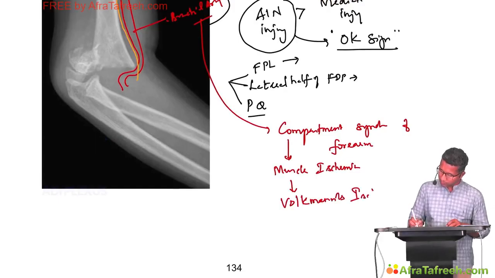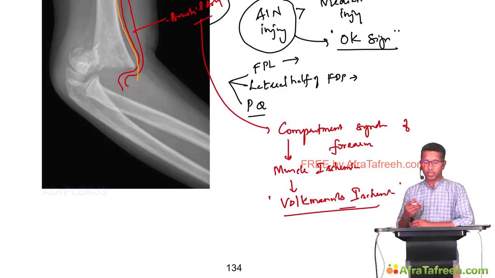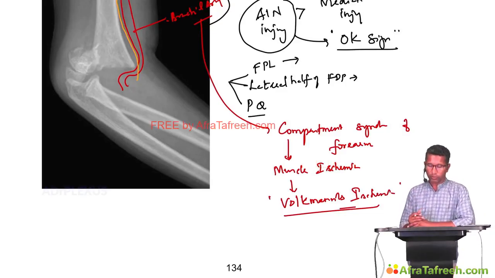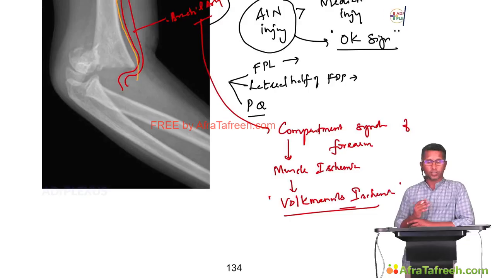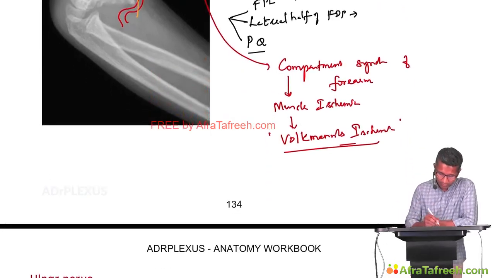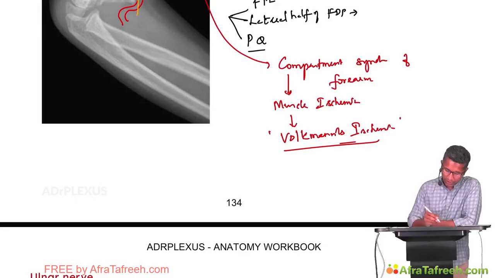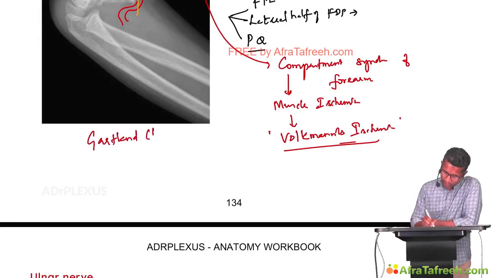So Volkmann ischemia is an important take-home message among the complications of supracondylar humerus fracture. Whenever there is a supracondylar humerus fracture, especially type 3, note that there are three types. There is a classification system called the Gartland classification, where you divide the supracondylar fracture into type 1, type 2 and type 3.